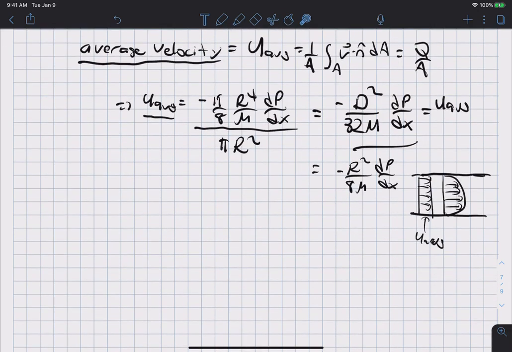Okay, and another piece of information that we will be interested in is the maximum velocity.